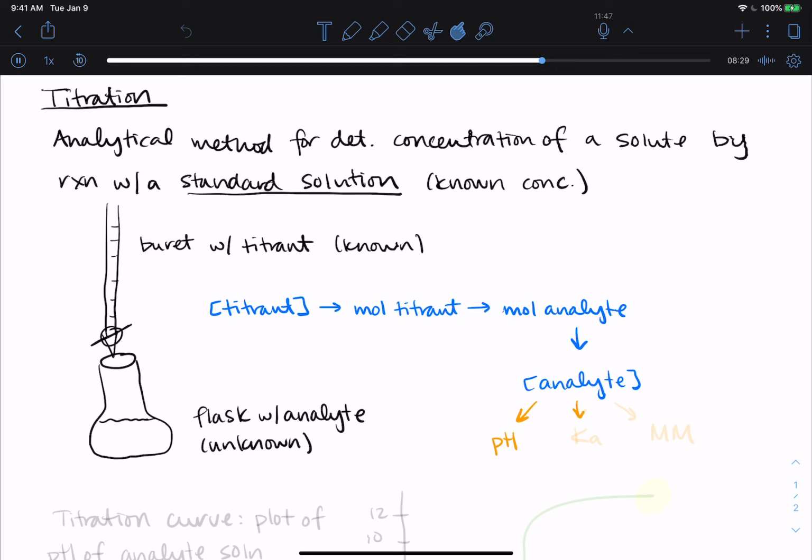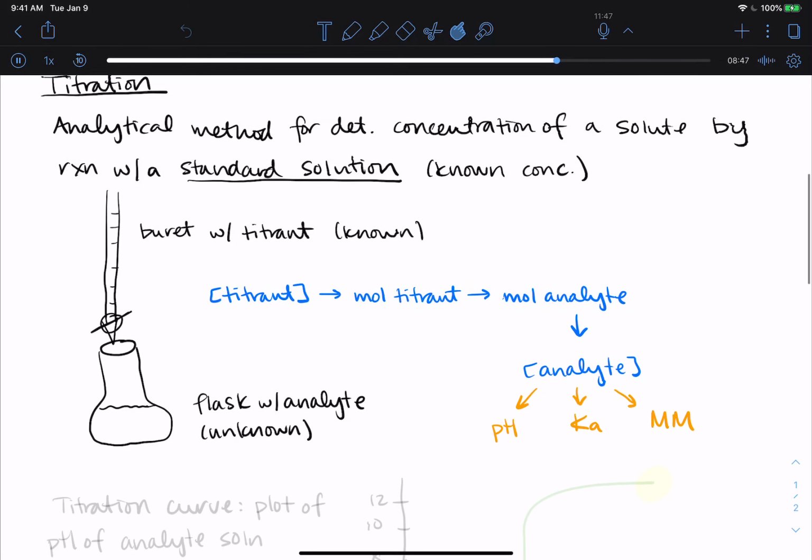You might take that analyte and calculate the Ka, which is something that we know how to do, also using the pH. Or you could even go a step further and calculate the molar mass. So these are all examples that we'll see in our practice or in the problem set. Or if you don't encounter them here, you will encounter them in lab. So this is the basic setup for everything.